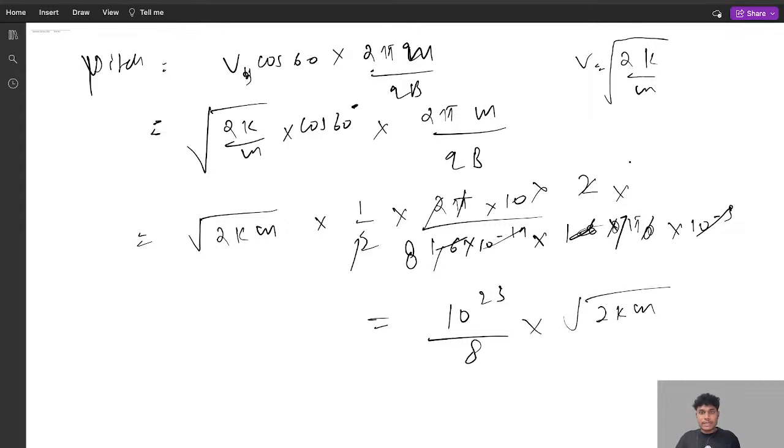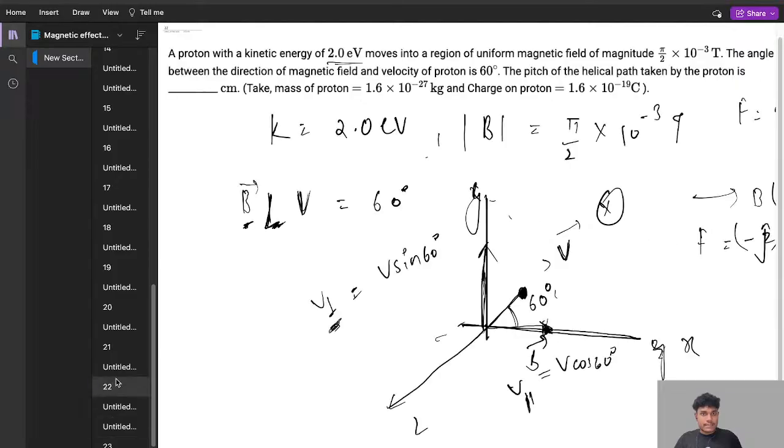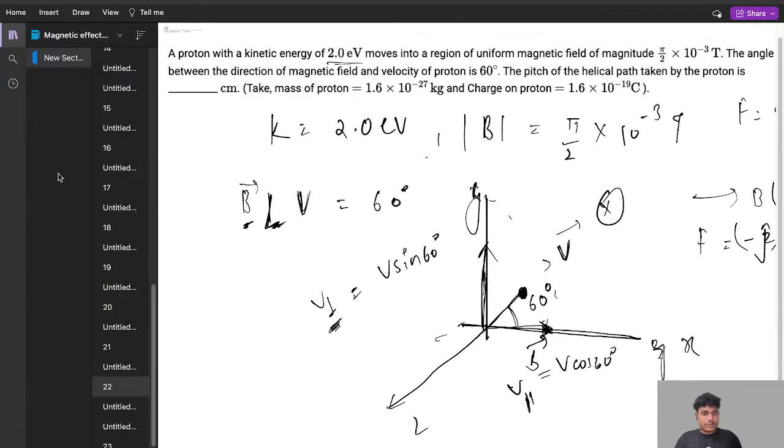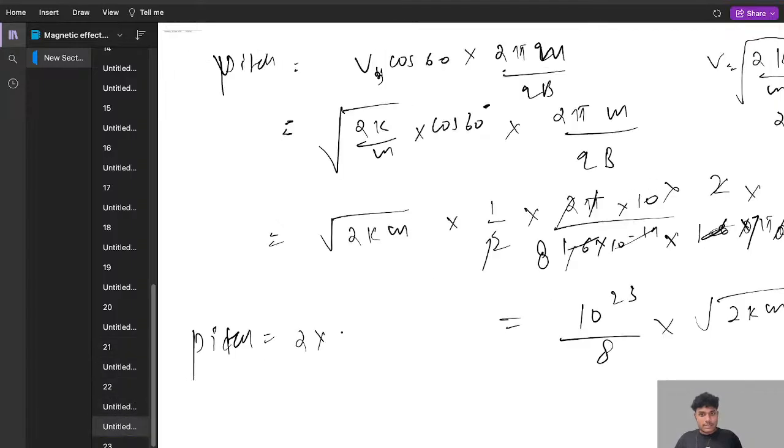What is root of 2Km? That will give our pitch. What is 2Km? That is 2 into kinetic energy. What is our kinetic energy? That is 2 electron volt, sorry, 2 electron volt.